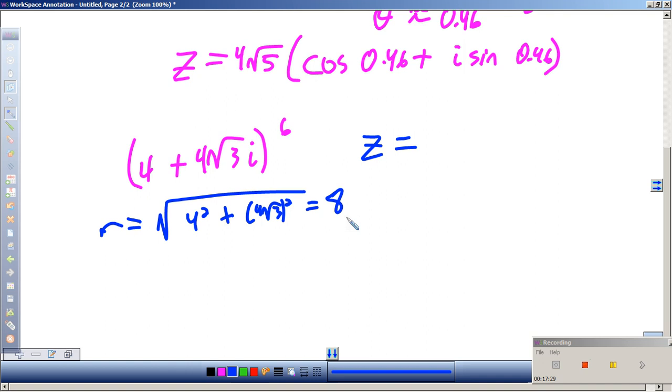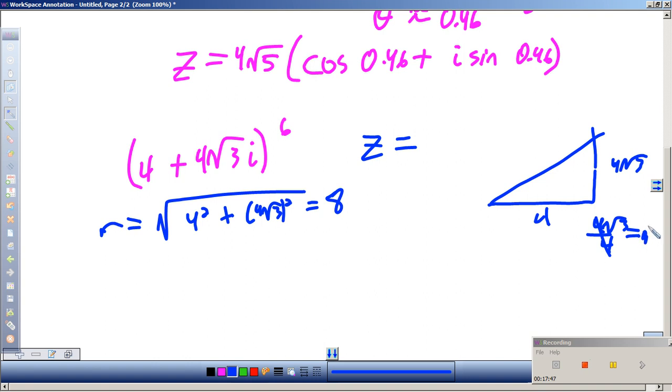Then what's our angle? We have 4 square root 3 divided by 4, which is root 3. So what angle has tangent root 3? Because this is one of the ones we know, one of the ones in the unit circle.